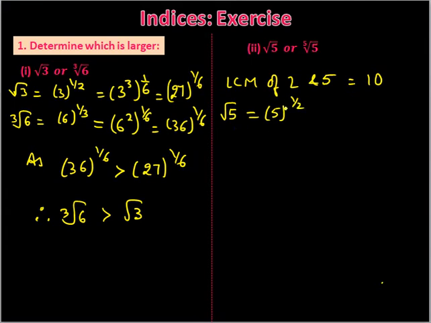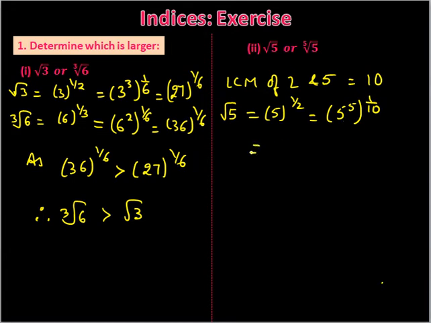So converting the exponent into 1 over 10. Now for that we need to multiply this with 5 and divide it by 5. So we can write it as 5 with an exponent 5 and whole can be raised to the power 1 by 10. So this is same as square root of 5.